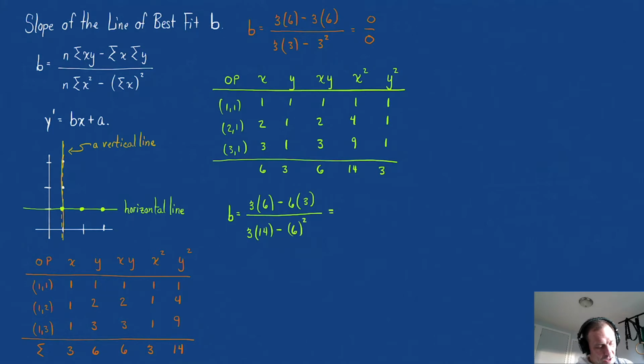Well, what do we get here? We get a 0 in the numerator, but then we get 42 minus 36.